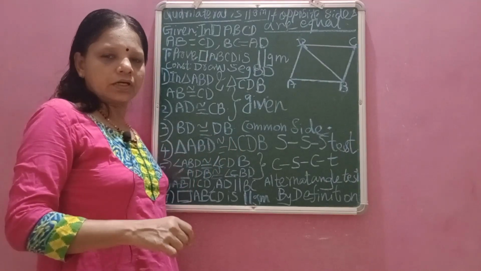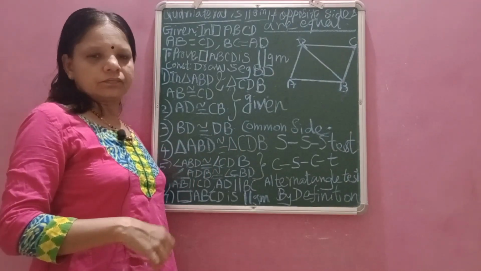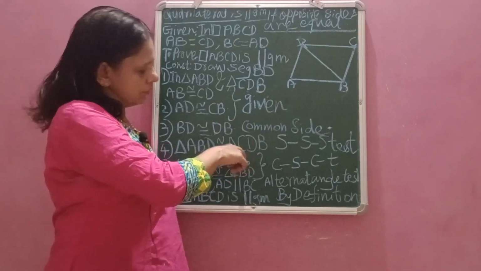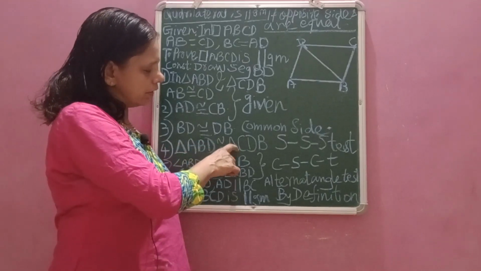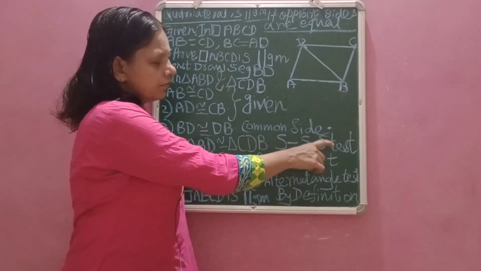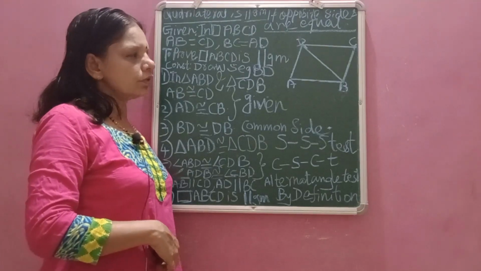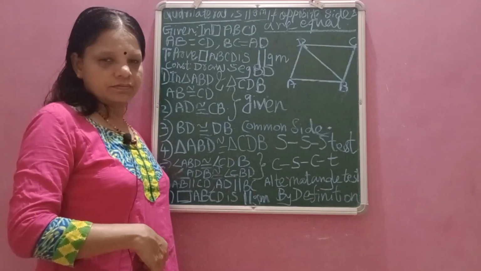Three corresponding sides are congruent. So which test is it? The fourth statement: therefore, triangle ABD congruent to triangle CDB by SSS test. So we proved the two triangles are congruent by SSS test.